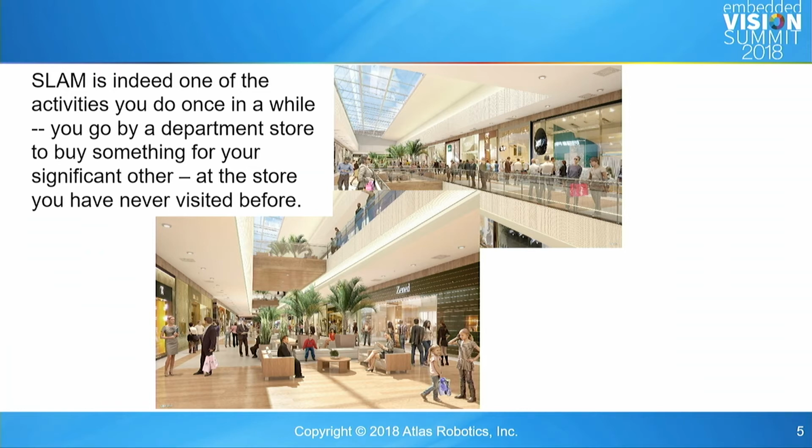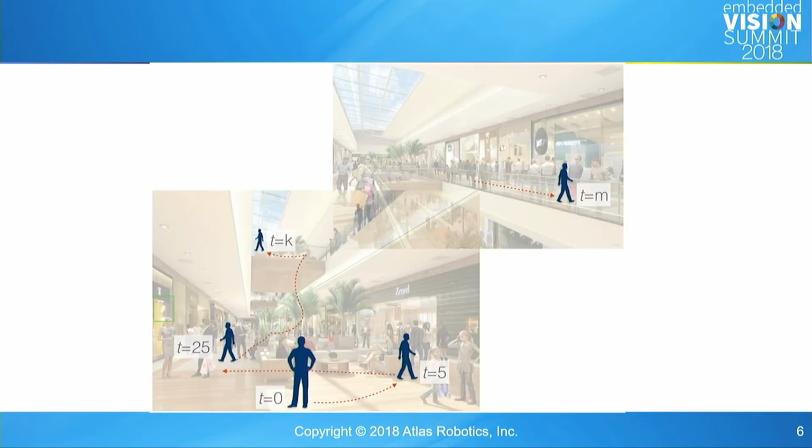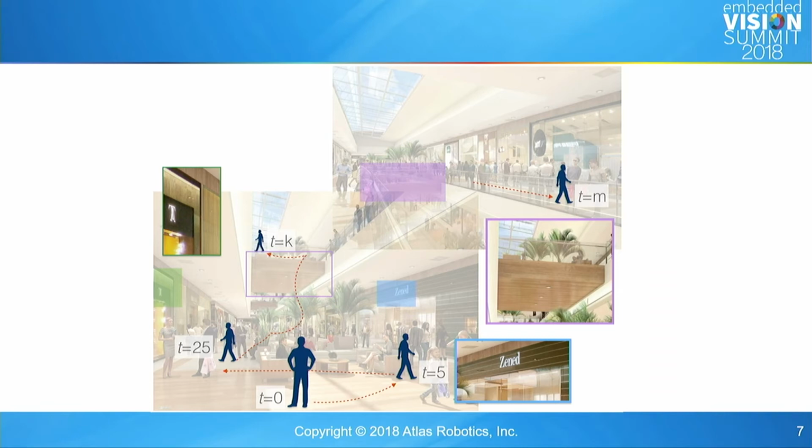In these next couple of slides, I'm trying to give you a high-level idea of what SLAM is, in very non-technical terms. Let's say you are in a shopping mall trying to find something for your significant other. You are wandering around, and here I represent each time step in discrete time. While you walk along and wander around to find what is good, what you are actually doing is saving or memorizing certain features of the environment.